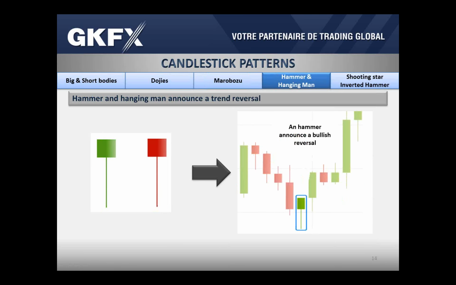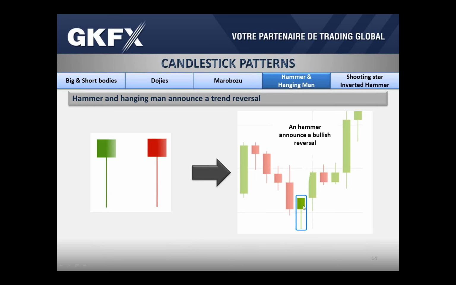And then, hammer and hanging man. Hammer and hanging man announce a trend reversal. On the right, you can see a hammer. And a hammer announces a bullish reversal. In this example, you can see that the hammer is green. It's a bullish candlestick, but we don't mind about the color. We don't mind if it's a bullish or bearish candlestick.